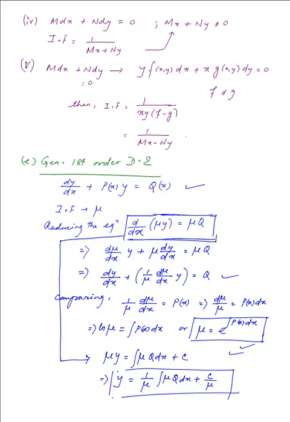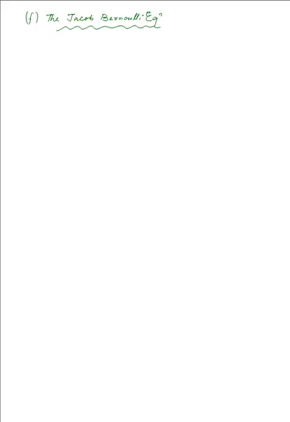The last form of the differential equation involves the Jacob-Bernoulli equation. The Jacob-Bernoulli equation is an interesting one because if you observe this, which I am writing just now, dy/dx plus p(x) y is equal to q(x) and y to the power n.